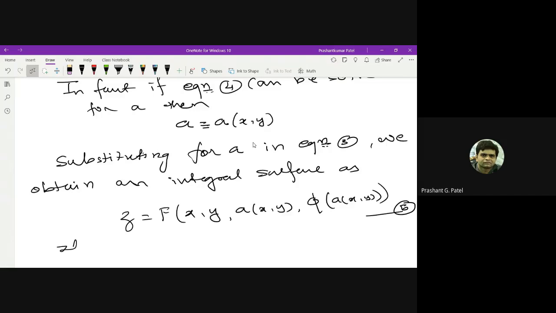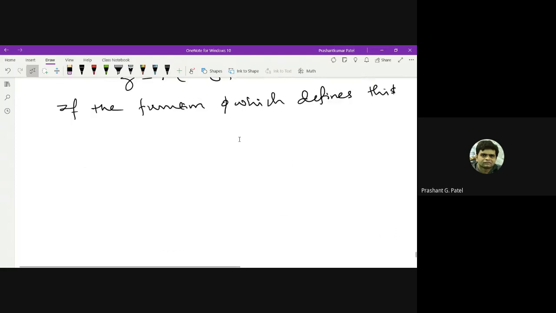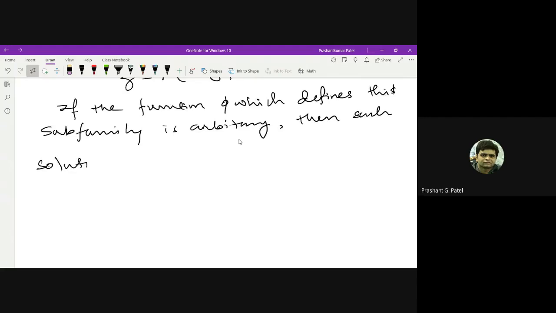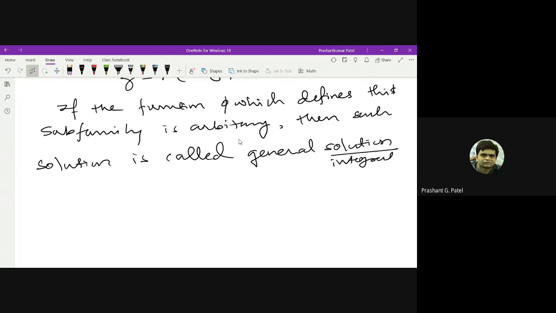And if the function phi, which defines this subfamily, is arbitrary, then such a solution is called a general solution or general integral.